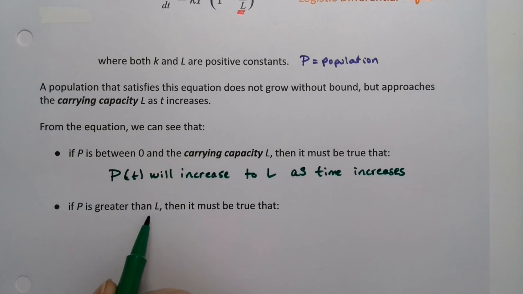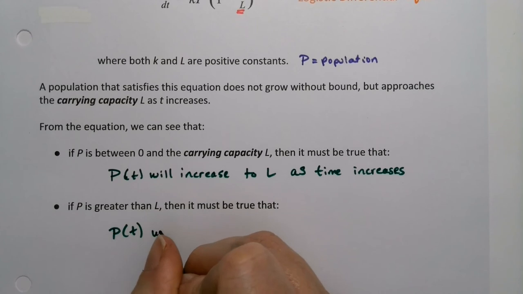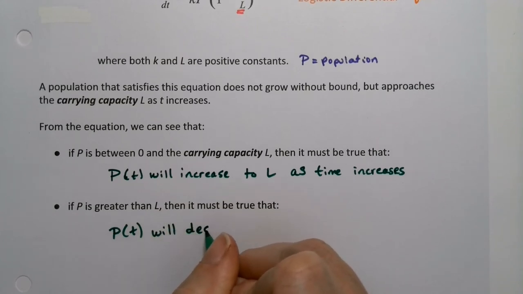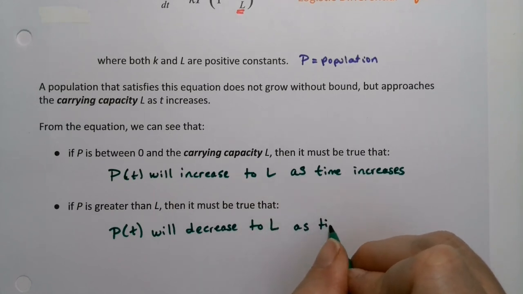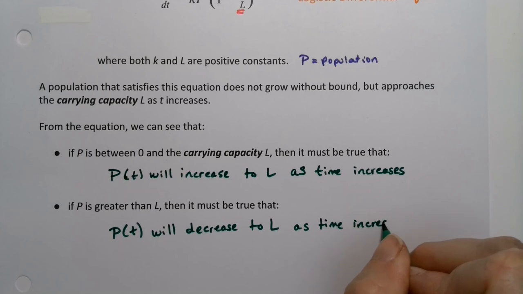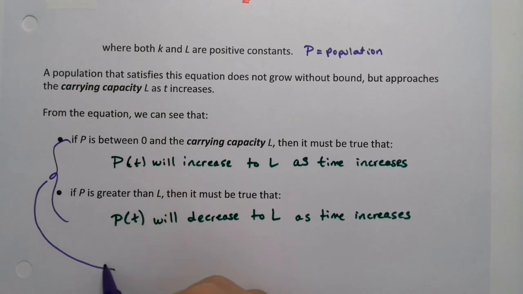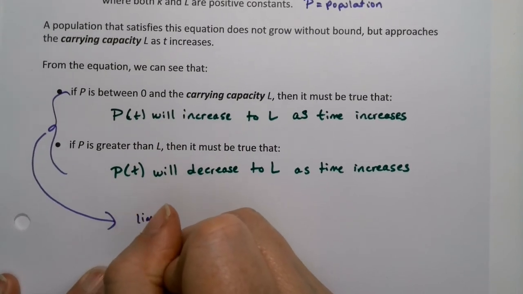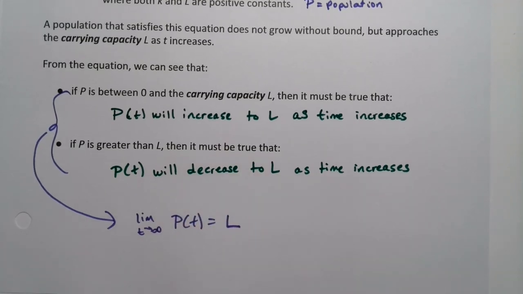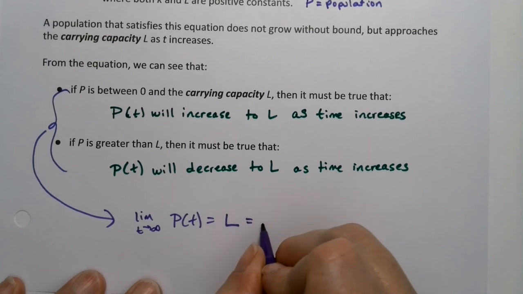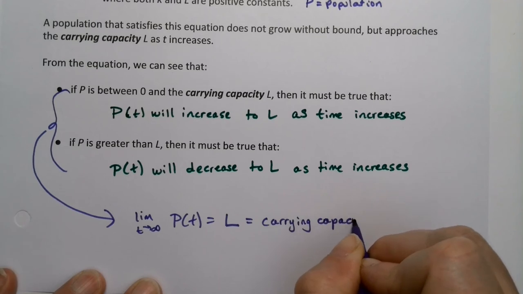If P of t is greater than L, so if there's more wolves than the island can sustain, for example, then P of t will decrease, will go down, again, to that L value as time increases. In other words, what we're saying between these two is that the limit as t goes to infinity of my population must be L, which is the carrying capacity, also known as the steady state.